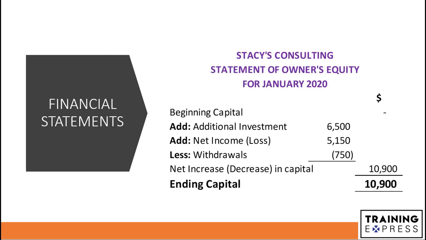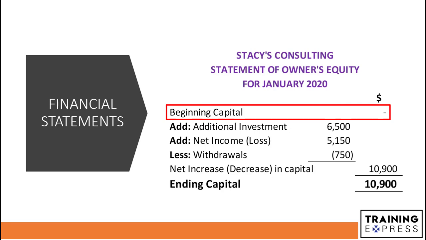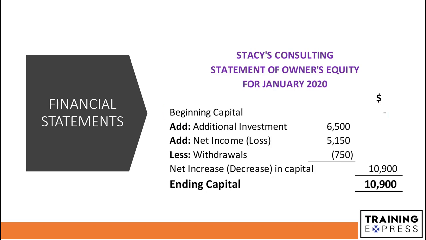The second financial statement which we will prepare is the statement of owner's equity. It starts with the beginning capital, which in this case is 0, because this business was started during January 2020. During the month of January, an additional investment was made by the owner of $6,500, which was shown in the trial balance as capital.